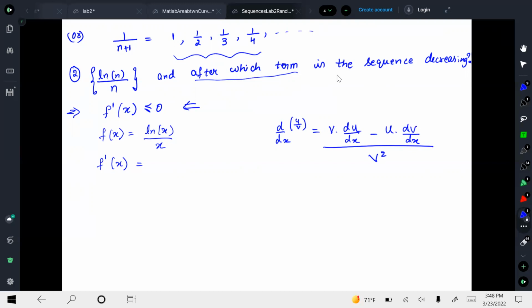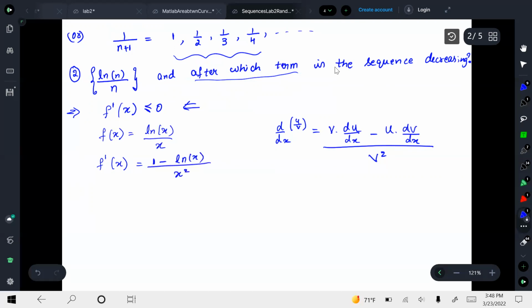The answer is 1 minus ln of x divided by x squared, right? That was quick. So that's the right answer. Use the formula which I gave you here, and you will get the answer. If you want me to explain in detailed steps how we got this, let me know. I can do that as well.